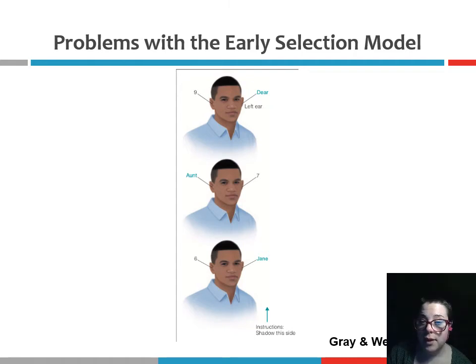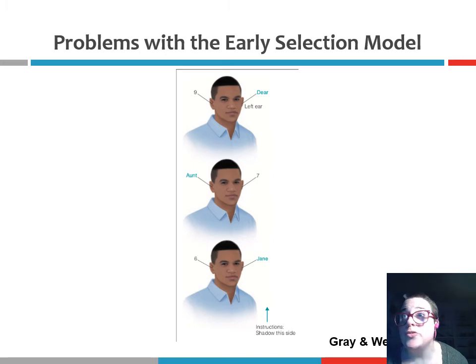Well, after hearing each of those messages simultaneously, what participants shadowed, remember their task is to repeat what they hear in the attended channel, the shadowing report that they gave was Dear Aunt Jane.